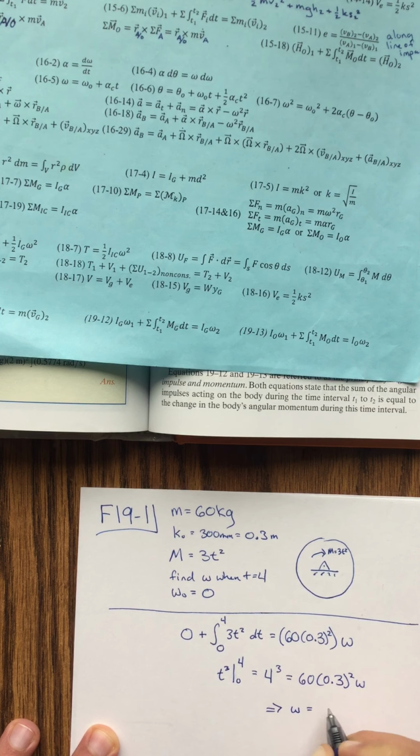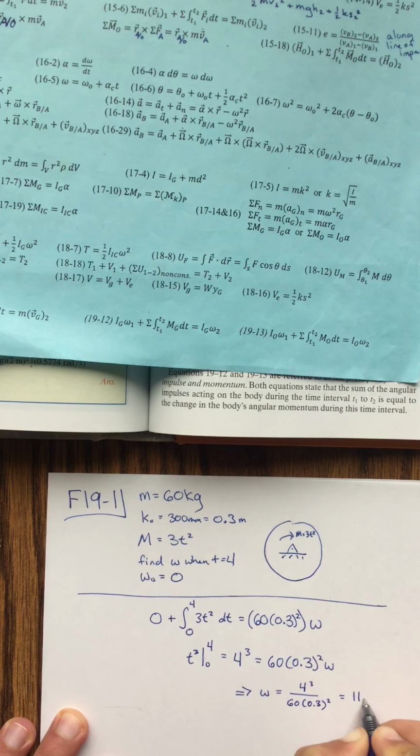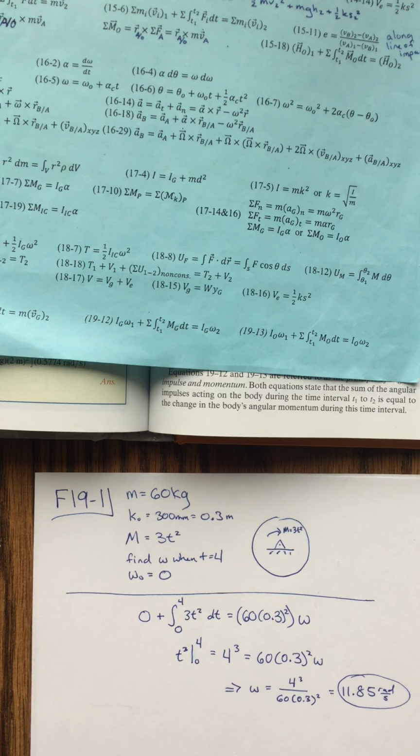Therefore, omega is equal to 4 cubed divided by 60 times 0.3 squared, and that gives us 11.85 radians per second, and that's the solution to fundamental problem 1.